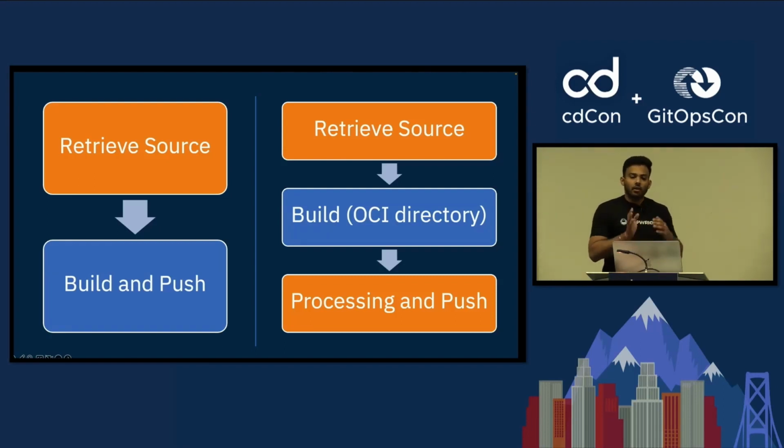On the left-hand side, this is our current behavior. Here we can integrate different tools, as I told you: BuildKit, Buildpacks, Kaniko. Your strategy will eventually push the image for you. That is why we call it strategy-managed push. Very creative, I know.